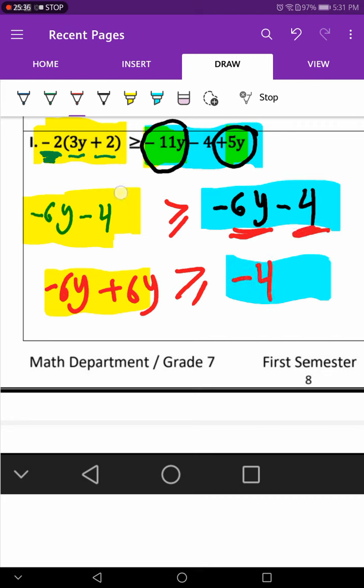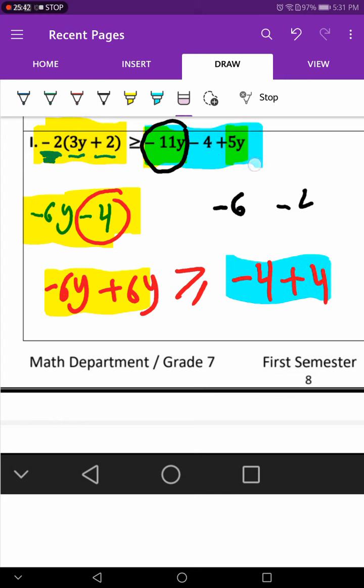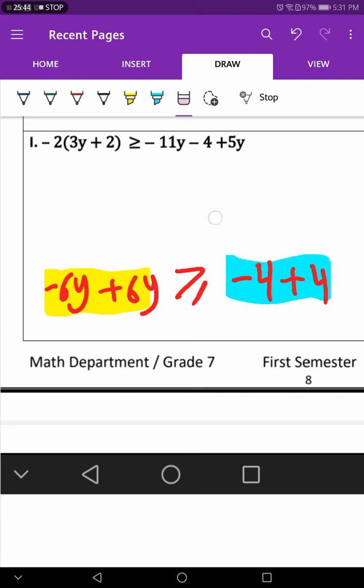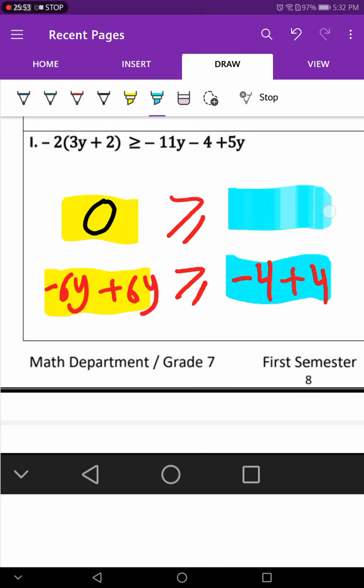I keep it here and bring this guy here. It will be plus 4. Okay, my dear student? Now, negative 6 plus 6, as you know, it is 0. So here we get 0. And from here we get also 0.